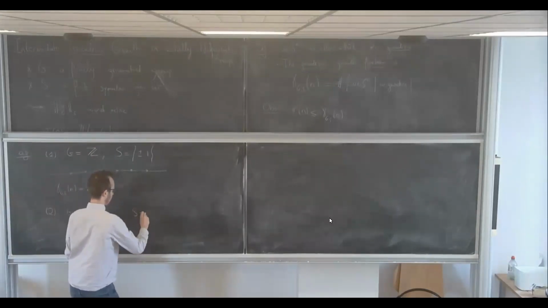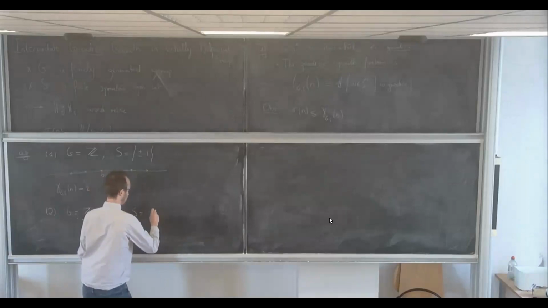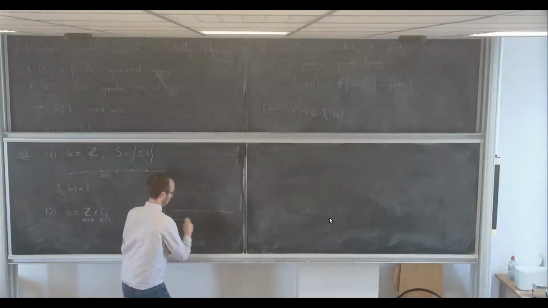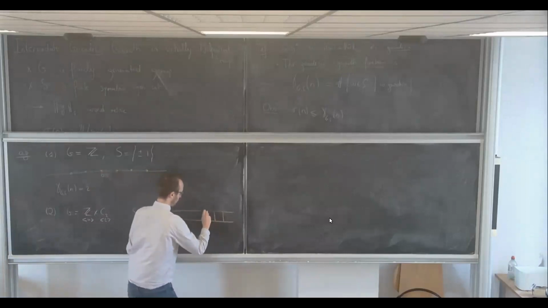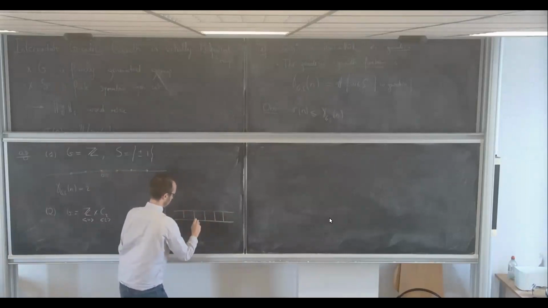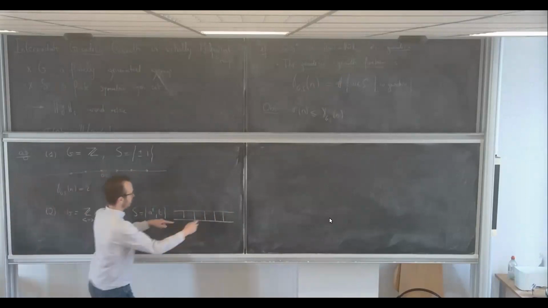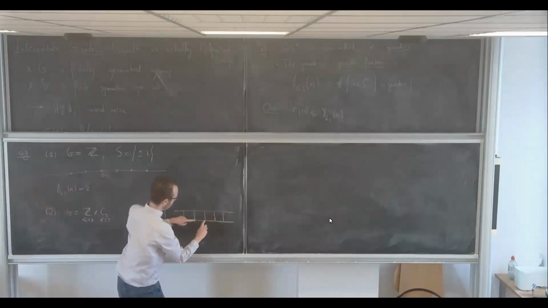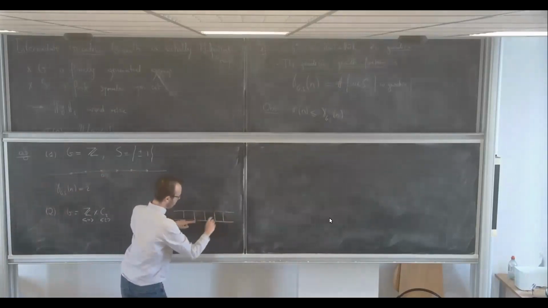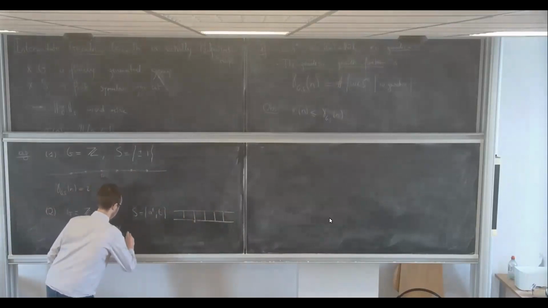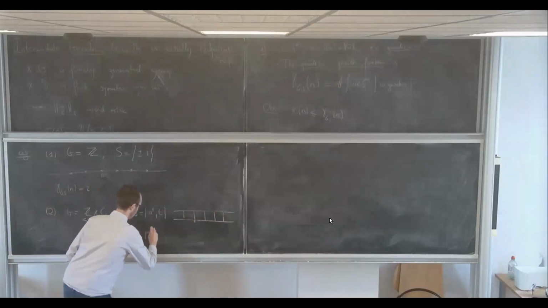Then I take just a and b. Then the Cayley graph is just a ladder. And what you can see is that actually the geodesic growth is polynomial. Actually, it's linear. You have to go up once, but you can go up whenever you want on the line. So here this thing is polynomial.